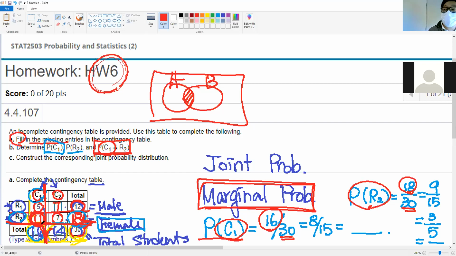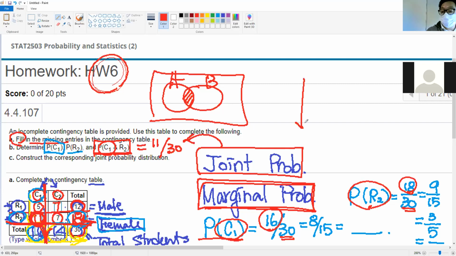So C1 and R2 in the middle, there's 11 out of 30. That is the joint probability. For this one and this one, in the middle, we just count and take the probability. That is the joint probability.